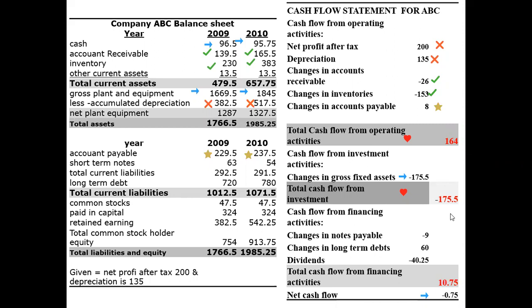Let's go for how we can finance this. It is a change in notes payable, and my notes payable here is a short-term notes payable. If we go for the short term, it is 63 and then 54.